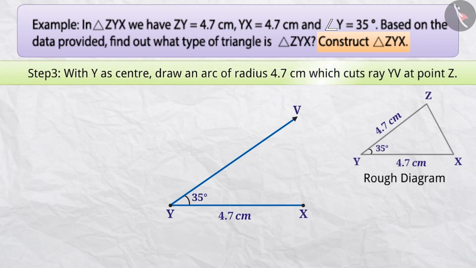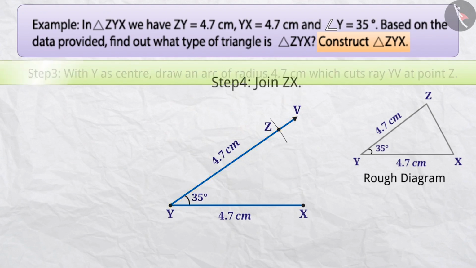Step 3. The distance of ZY has been given as 4.7 cm. Thus, point Z is at a distance of 4.7 cm from point Y. With Y as center, draw an arc of radius 4.7 cm. It cuts ray YV at point Z. Step 4.